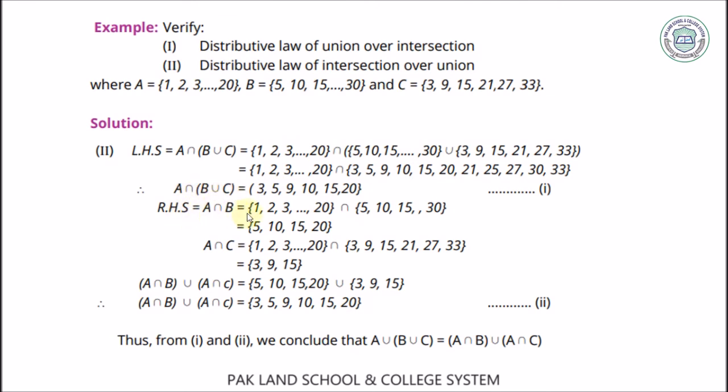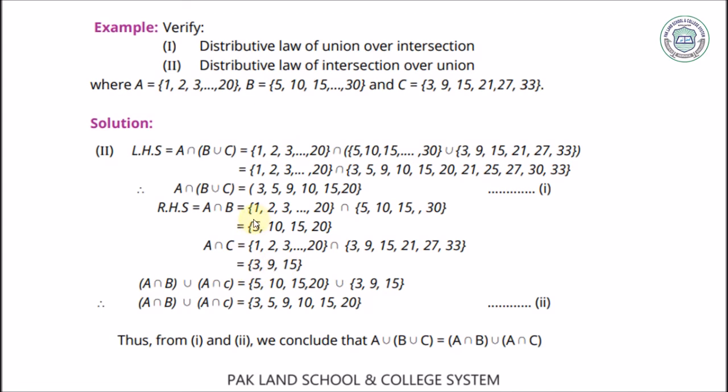Right hand side: A intersection B. A set we write, intersection B set. A and B, intersection of these two sets, we write only common elements, that are 5, 10, 15, 20. A intersection C: in these two sets we also write only common elements, that are 3, 9, 15.